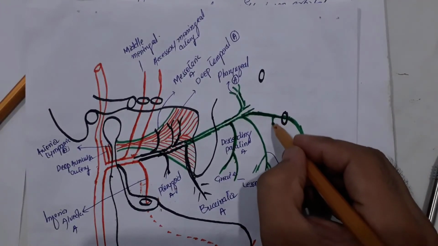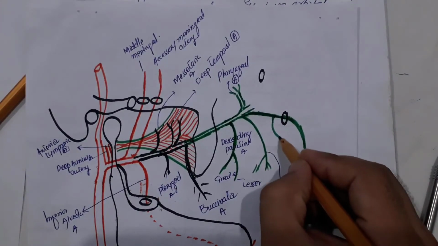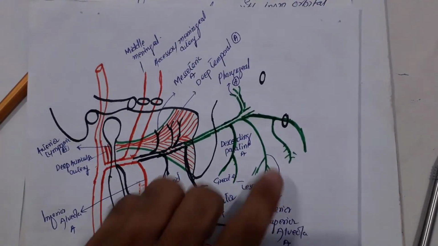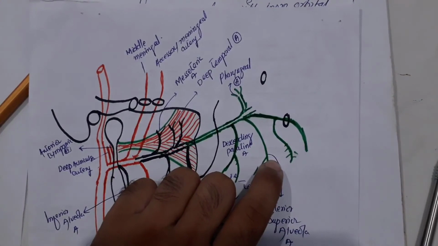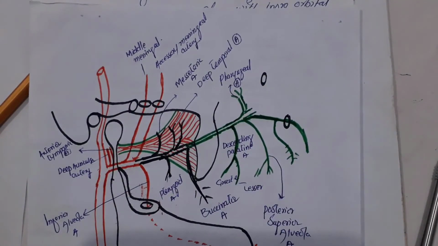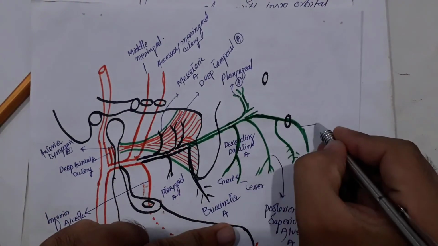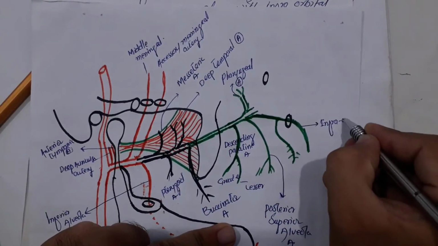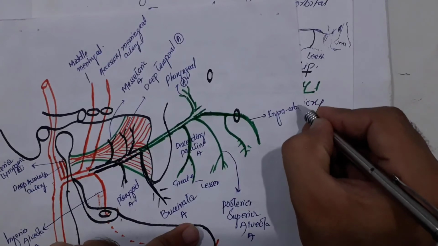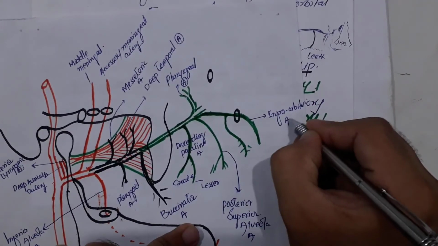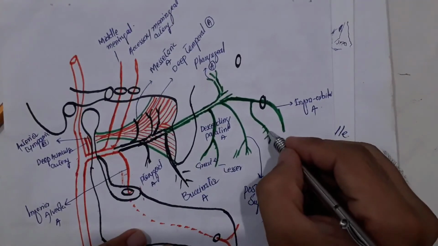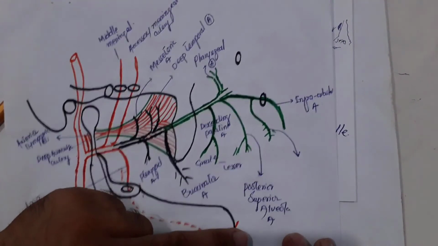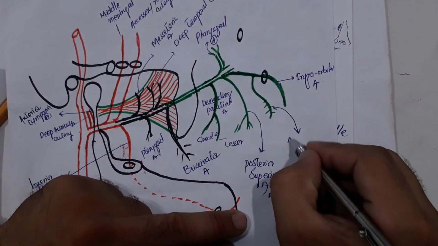And it gives a small branch here. This branch given by the infraorbital artery is the anterior superior alveolar artery.